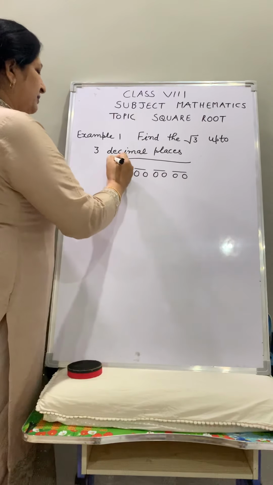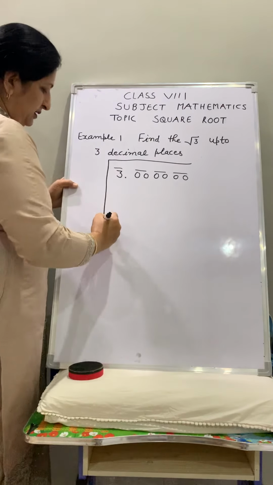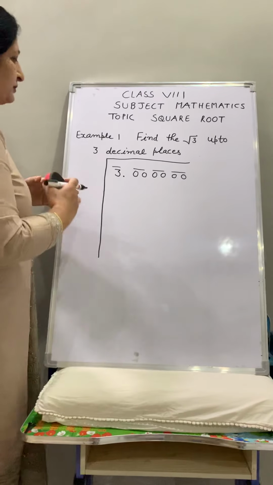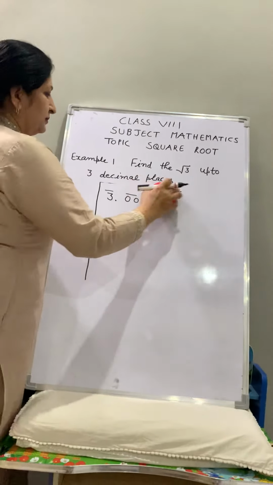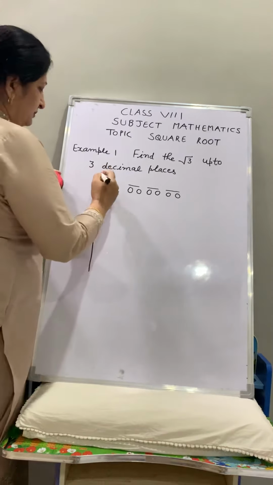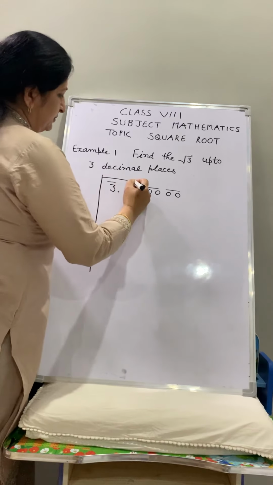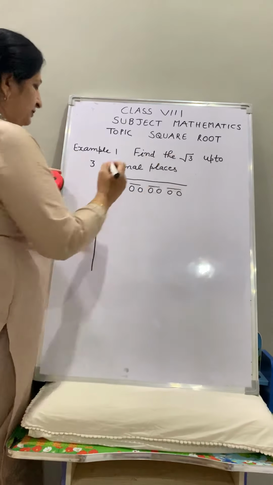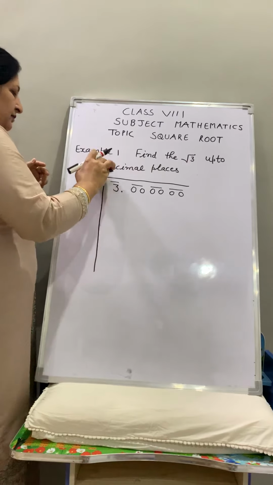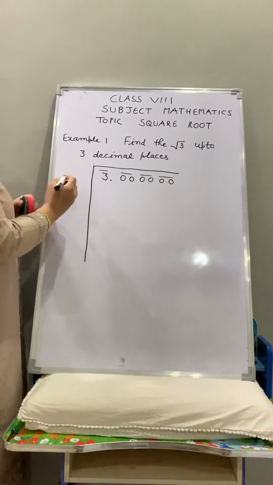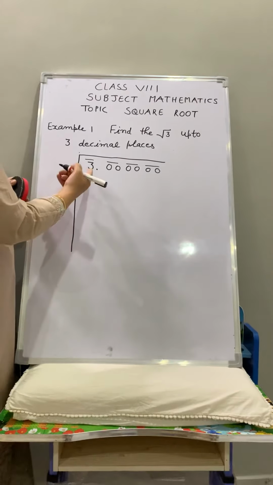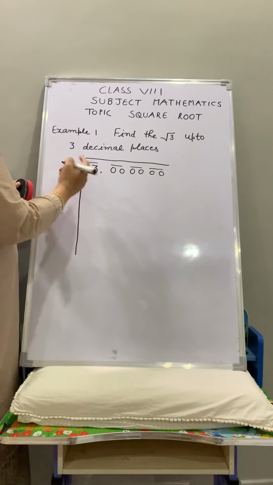Apply the same long division method. Take the divisor whose square is less than or equal to 3.